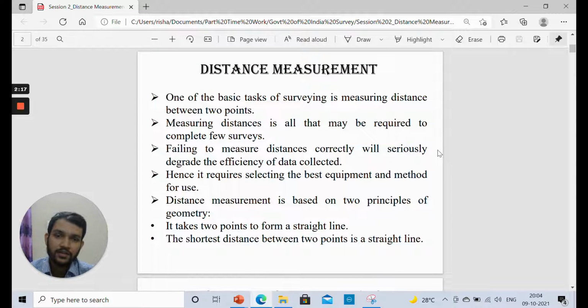As we know, when you become part of survey works, distance measurement is the only requirement in most of the survey projects. You just need to locate the end boundaries and get the distances between various points. You can use any station as a control point, and with respect to that you can get all the other points.